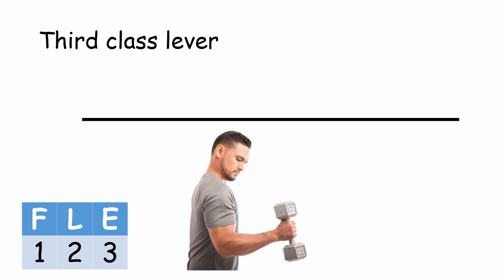A third class lever system, we've got a biceps curl. Again, we've got the weight, the dumbbell, which is the load at the end. As you go along, the next thing you get to is the effort, followed by the pivot point, the fulcrum. Now this can be a little bit of a tricky one, the third class lever system for a biceps curl, because if you were to try and break this down anatomically, you'd need to know your stuff to do this.